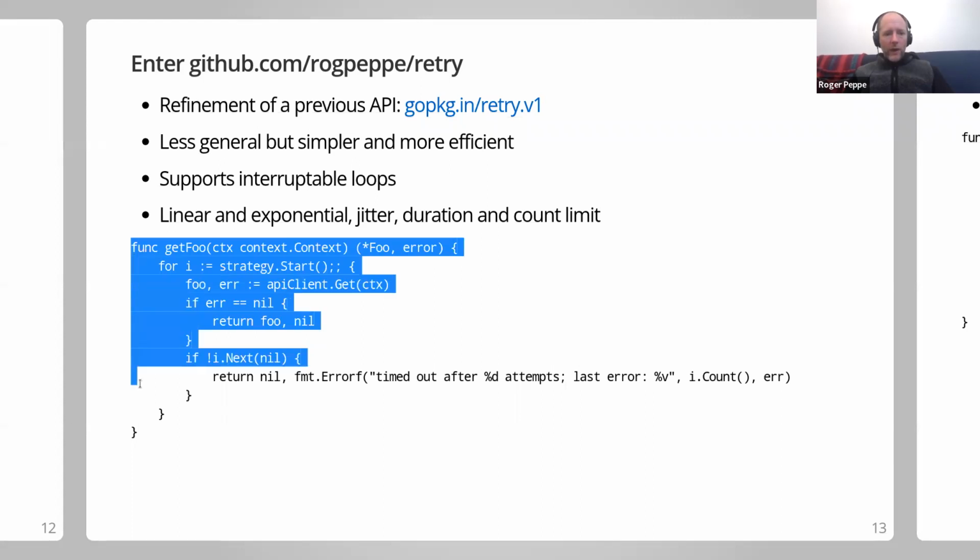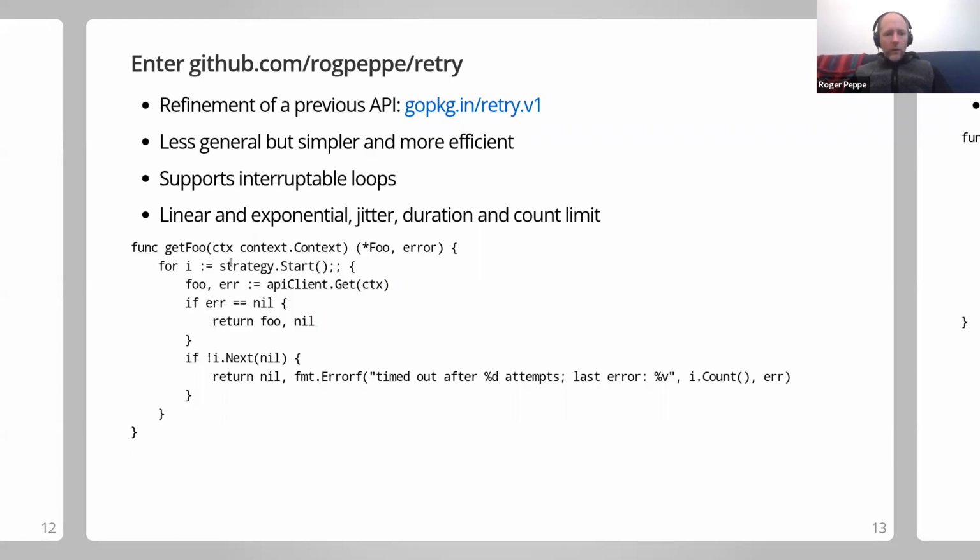So this is the basic outline of how you'd use it. You start the strategy, and it returns a type called iter. I seems a reasonable name for a loop variable; it's fairly standard. The way you structure it is like a do-while loop, basically.